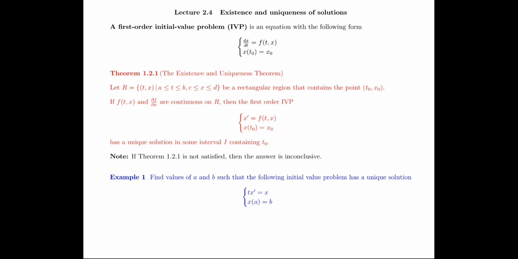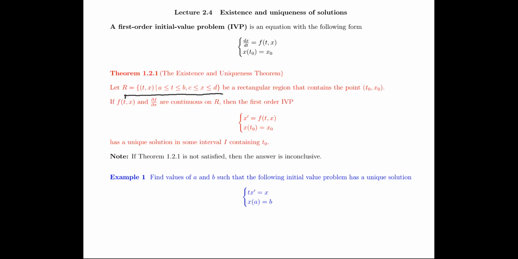So the existence and uniqueness theorem. We define some rectangular region R, where along the t-axis it goes from A to B, and along the x-axis it goes from C to D. So that's some rectangular region that contains the initial value t naught, x naught.